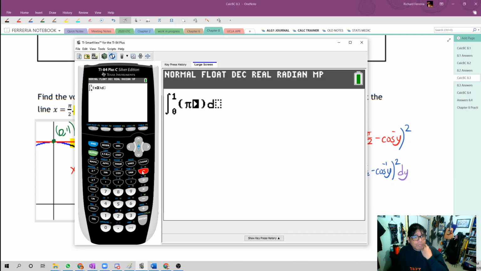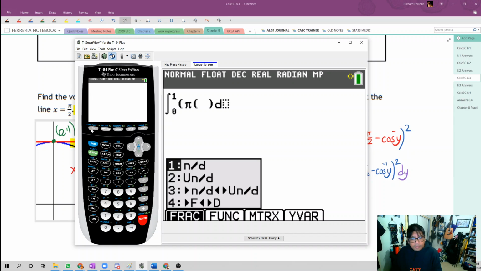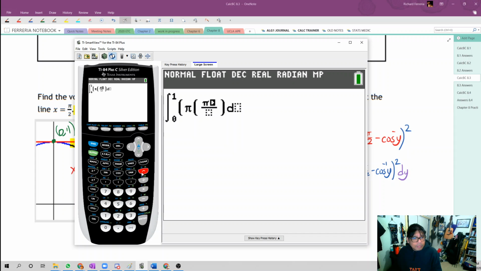Pi, and then our radius, pi halves, minus the inverse cosine. Inverse cosine is second cosine. Inverse cosine of y, and then dy. Oh, no, I forgot to square. That is totally my fault. Close off the parenthesis and then square.